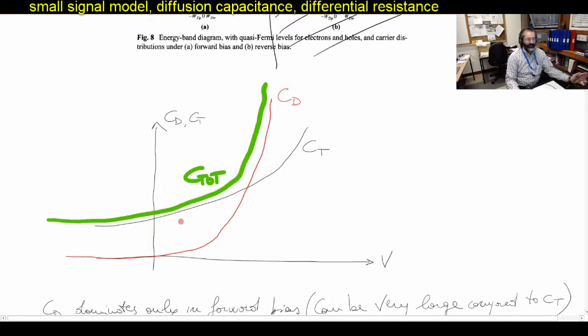The total capacitance would be the sum of these two. Remember, these two capacitances are effectively in parallel.